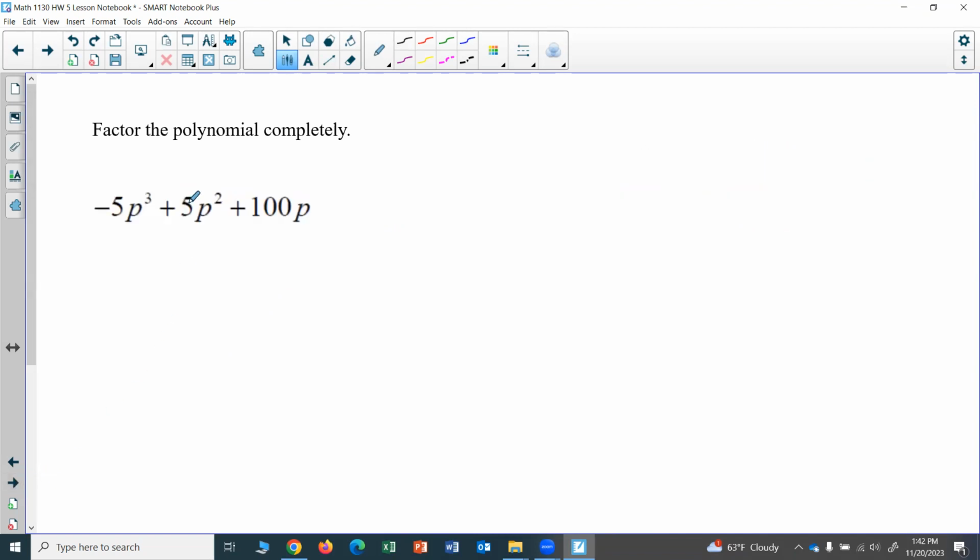Here's another example. I have negative 5p cubed plus 5p squared plus 100p. So first step is always look for a greatest common factor. Also, we learned in a previous video, if you have a negative leading term, factor out the negative.